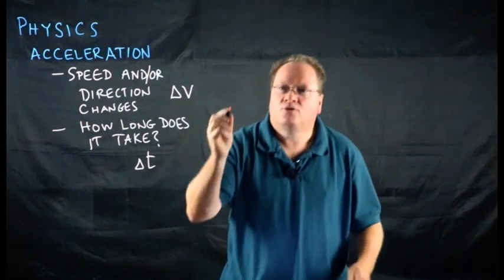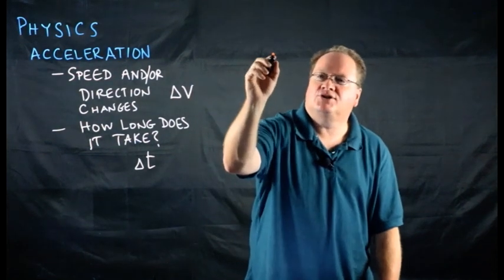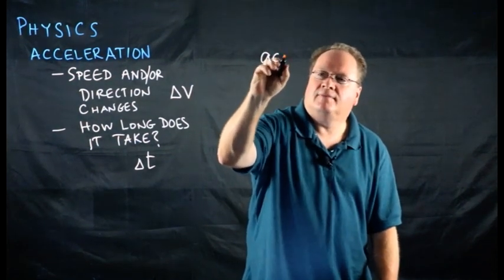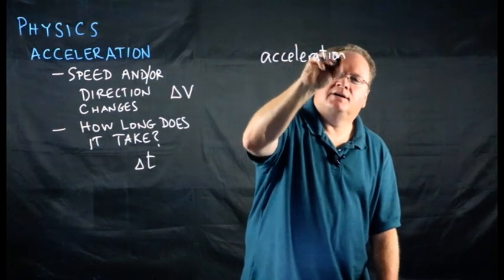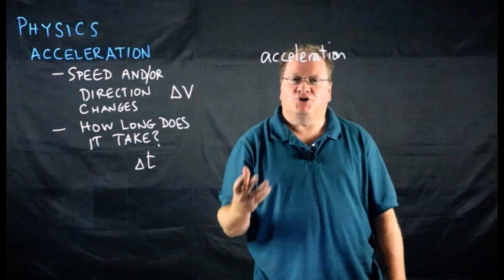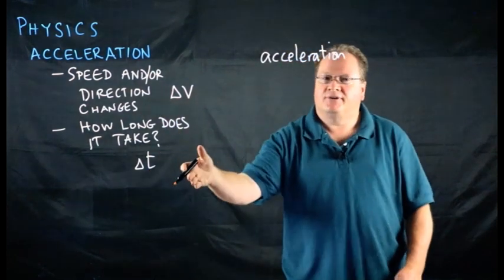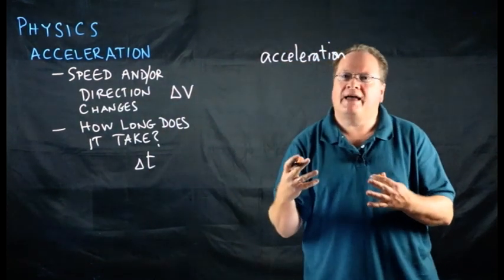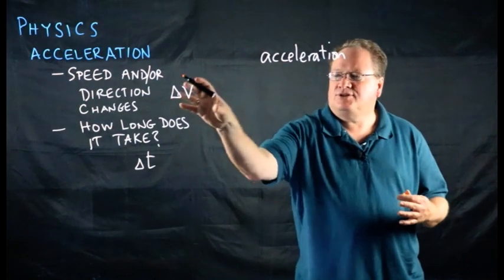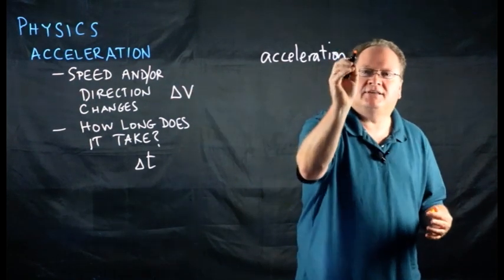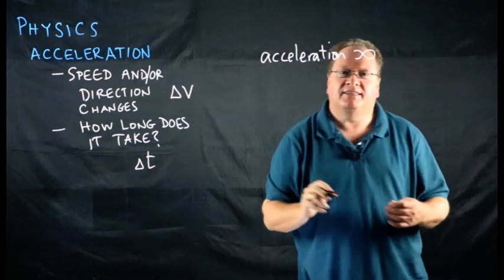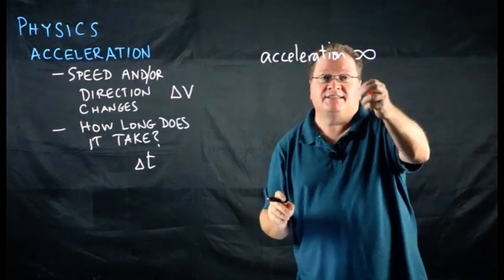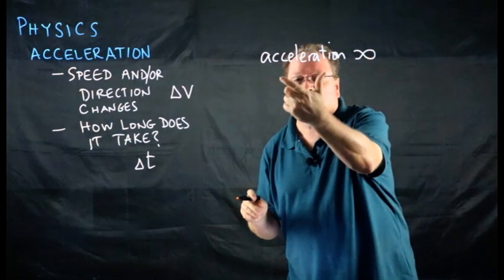But we're going to say that acceleration is related to these two factors. And we use this funky symbol that looks like this. And what this means is it's proportional to.